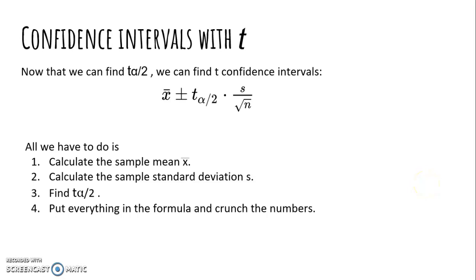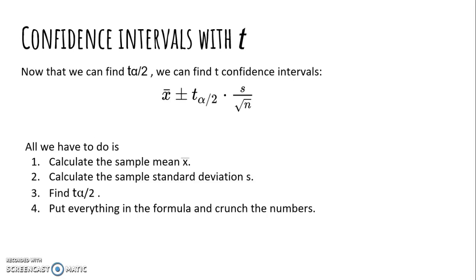This video is confidence intervals for finding the mean when the population standard deviation is unknown, part 2. So we've been talking about confidence intervals when we don't know the population standard deviation, but we do know the sample standard deviation. So here is the formula that you would use in that case.